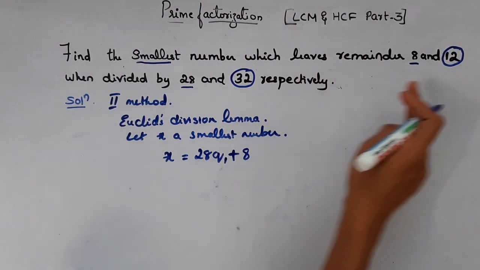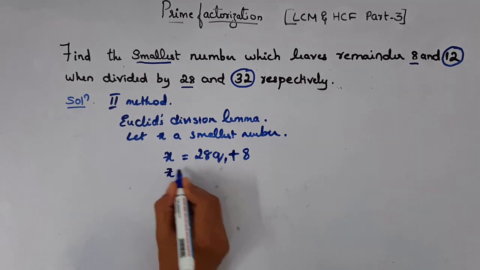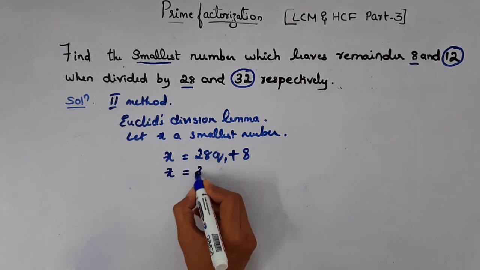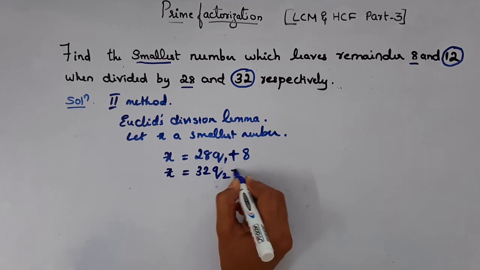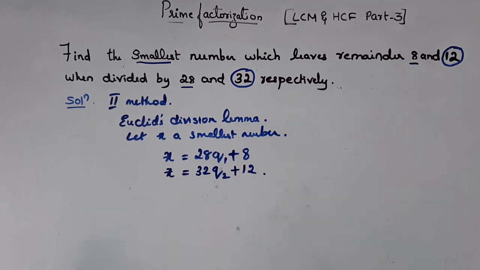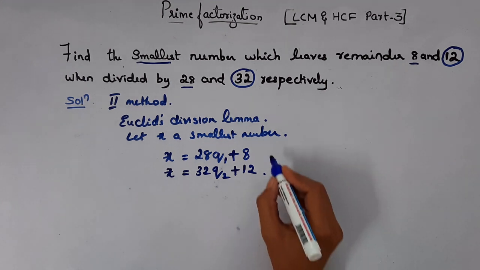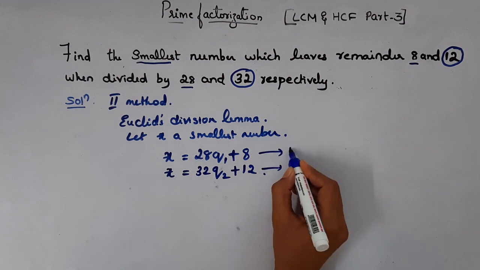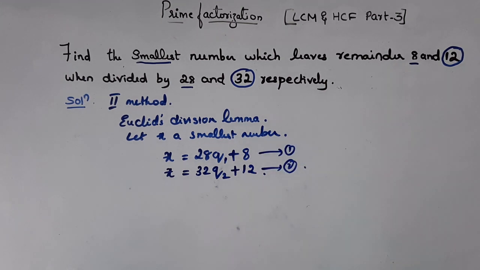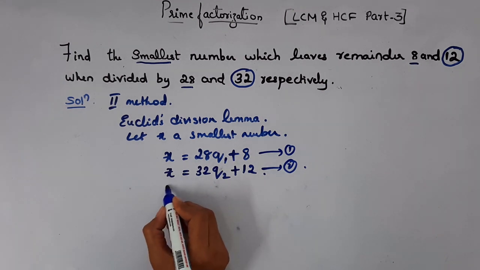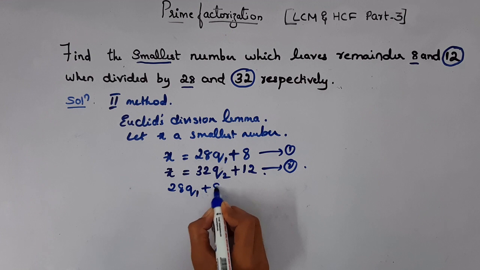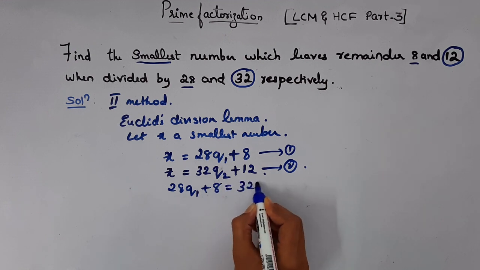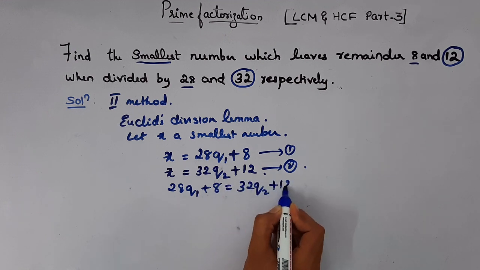And for 32 and 12, x is equal to 32 into some quotient q2 plus remainder 12. So now we have equations 1 and 2. From 1 and 2, it is clear that 28q1 plus 8 is equal to 32q2 plus 12.